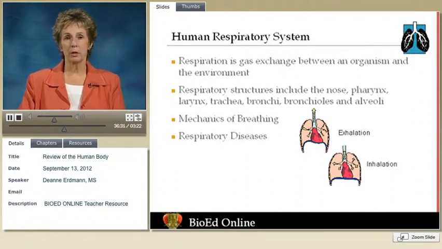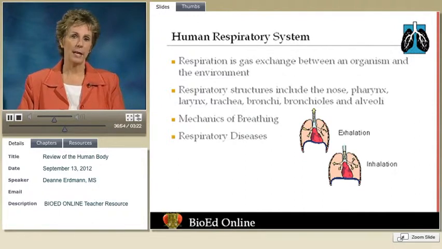The respiratory structures that air has to go through to even get to that point is to enter through the mouth or the nose, go through the pharynx, the trachea, the bronchi, primary bronchi, secondary bronchi, the bronchioles, and finally down into the air sacs called alveoli. And this is where the gas is actually going to first pass through a membrane and into the body, or the gas is going to pass out of the body. And we'll take a look at a diagram of the respiratory system on the next slide.